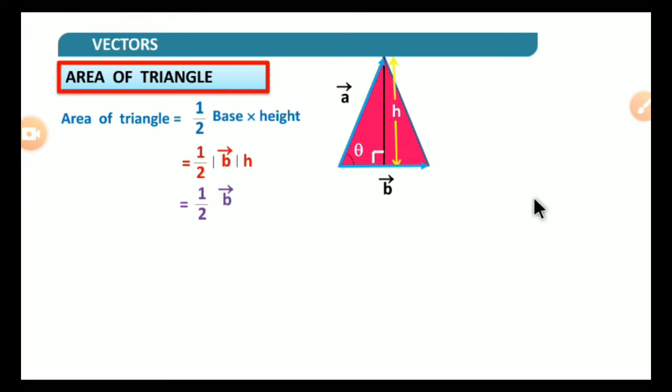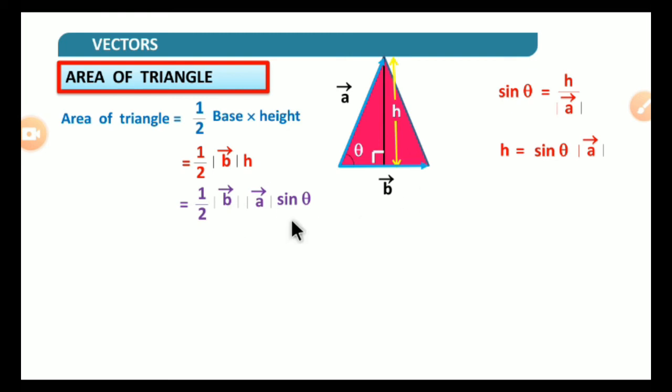We can find h by using the right angled triangle. So sin theta is equal to opposite, which is h, divided by the hypotenuse, which is the magnitude of vector A. Therefore h is equal to sin theta into the magnitude of vector A. Now the area of the triangle will be 1 by 2 into the magnitude of B into h, which is magnitude of A into sin theta.